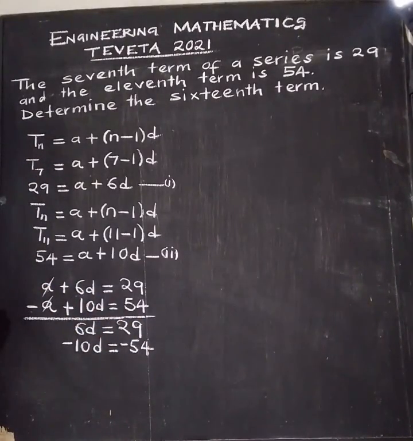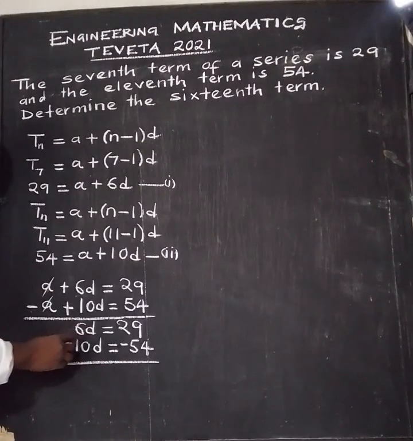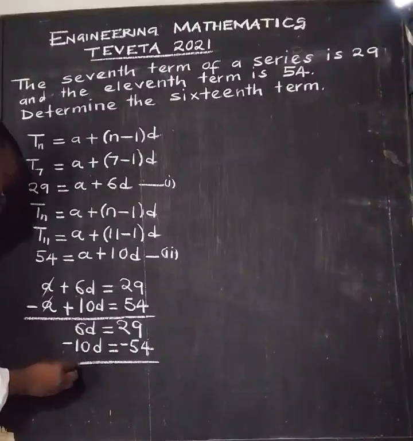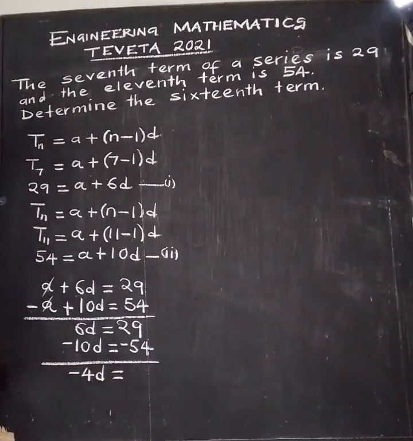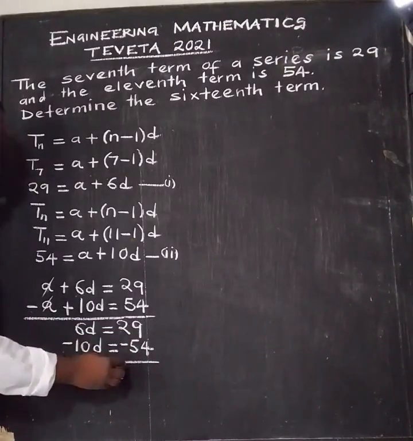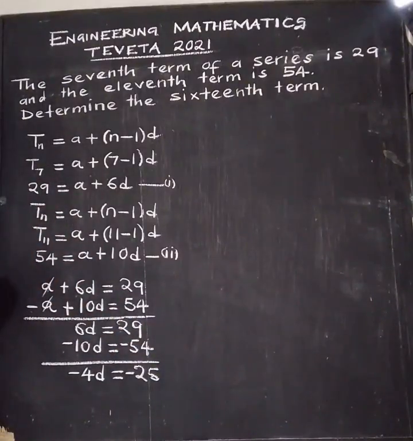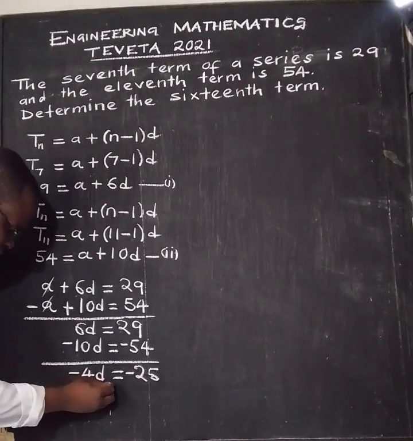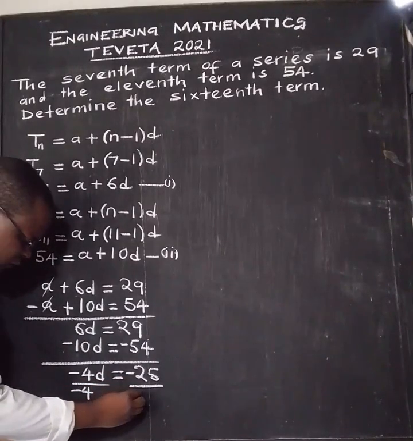Then here we can simplify and say 6d minus 10d, you get negative 4d is equal to 29 minus 54, you get negative 25. Then for us to remain with d, we're going to divide both sides by -4.